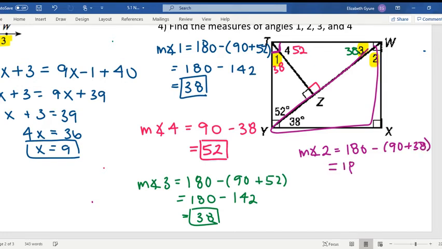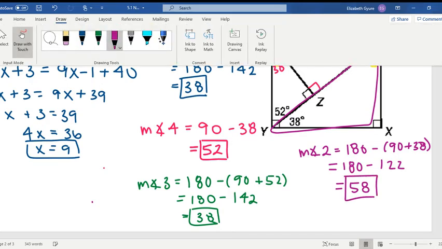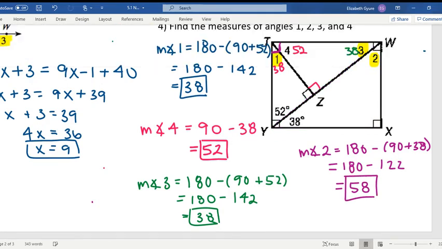That's going to give us 180 minus 122, which is going to give you a 58-degree angle. Was there another strategy I could have used there? Don't I know this whole angle is a right angle? If part of it's 38, could I also do 90 minus 38? Would it give me the same thing?